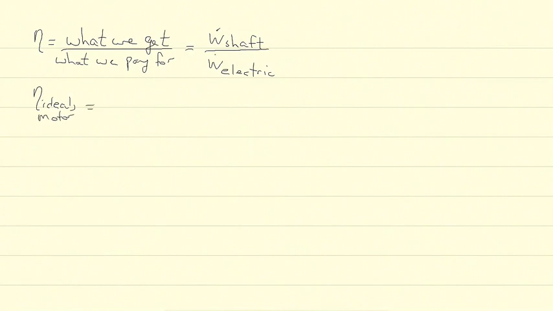What numerical value could this be? Well, because we're going from electric work to shaft work, in other words, from one type of work to a different type of work, the maximum efficiency can be 100%.